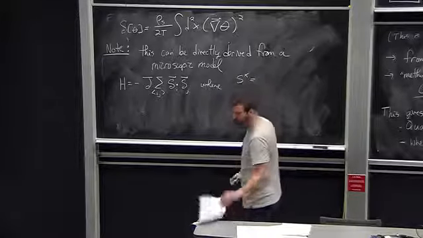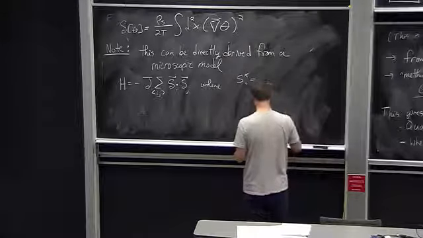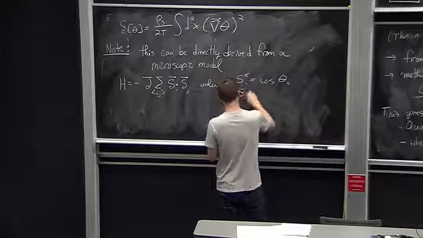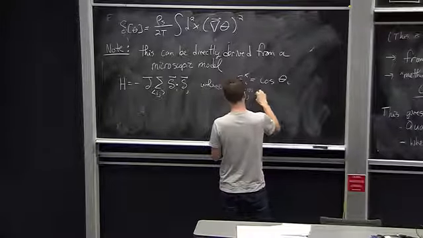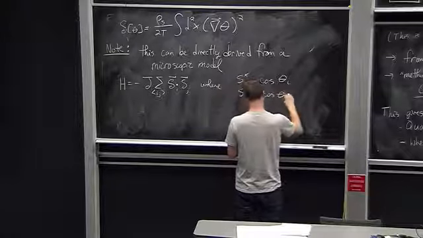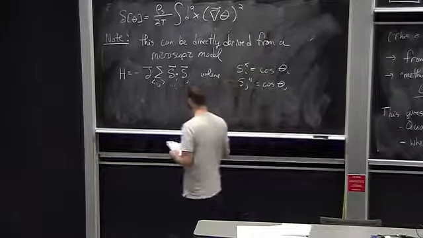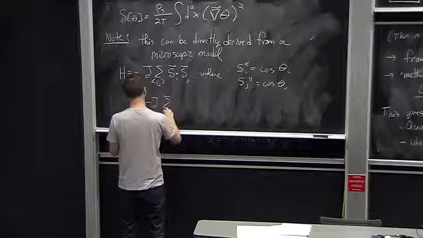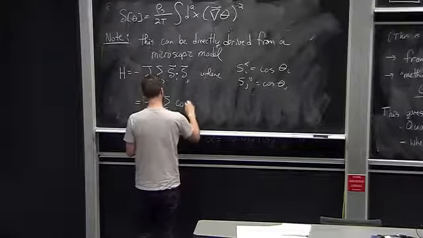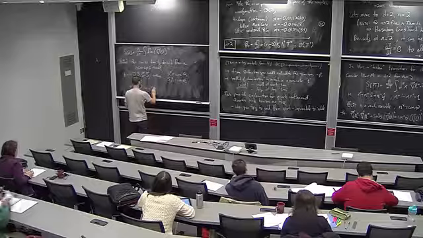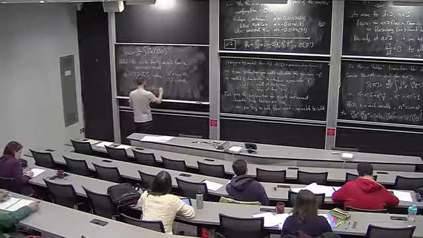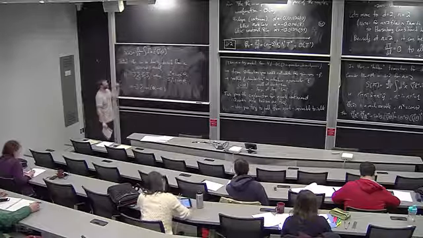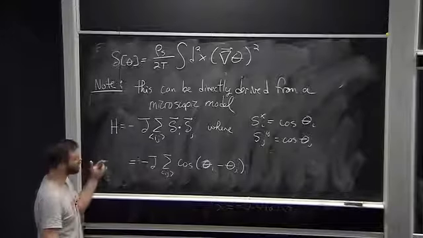And I'll write these spins as, again, just the rotor variables, such that this Hamiltonian is cos theta i sine theta j.